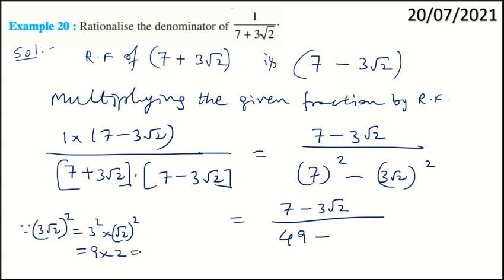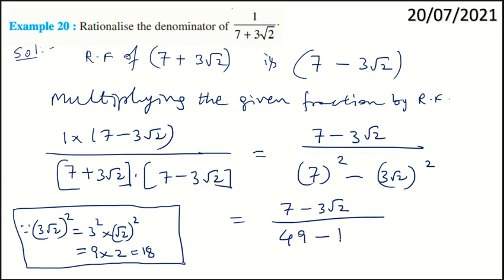So 9 2s are 18 will be the value which I have to substitute here. That means it is 7 minus 3 root 2 upon 31 being the denominator, which is rational.